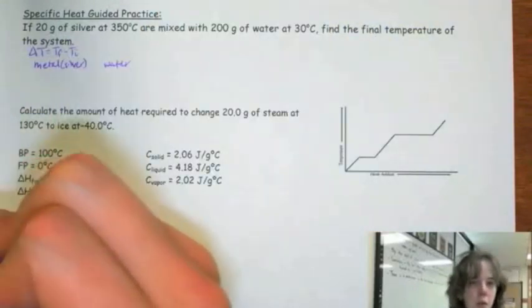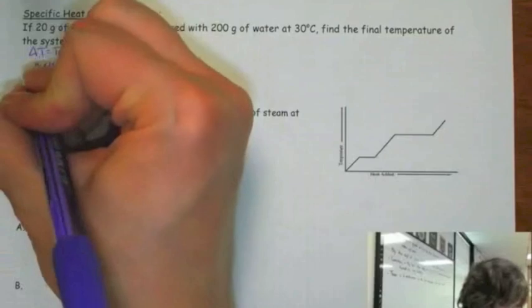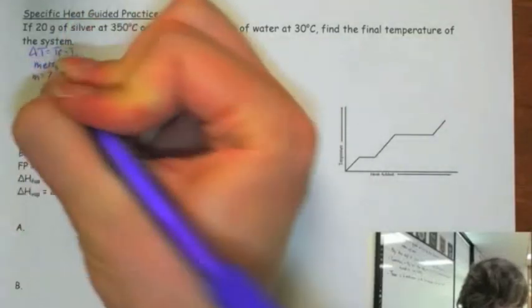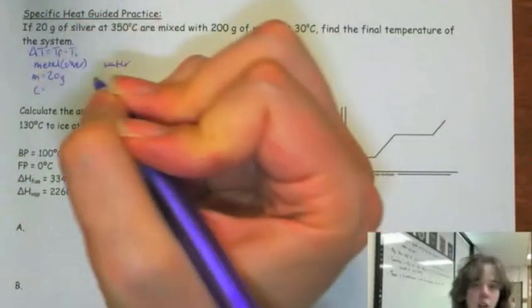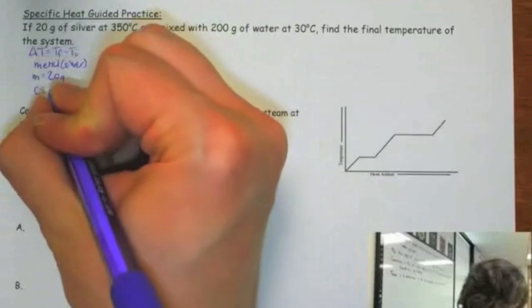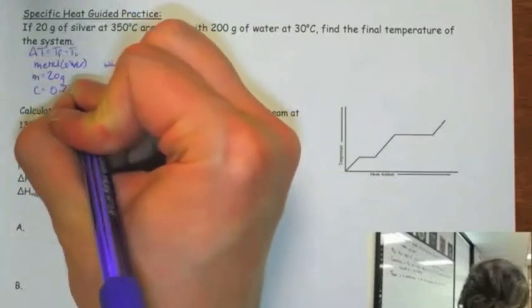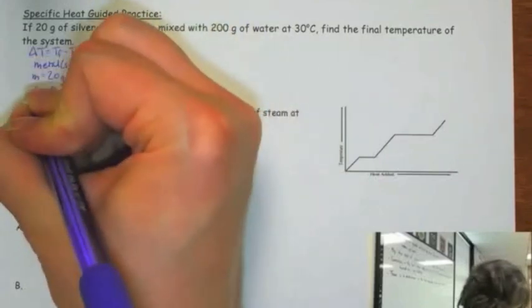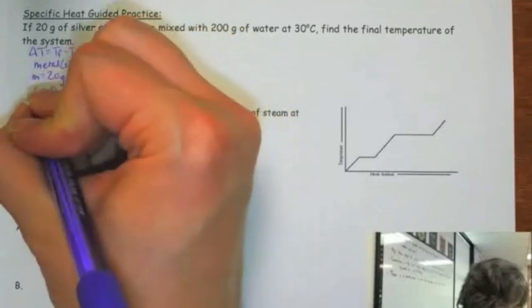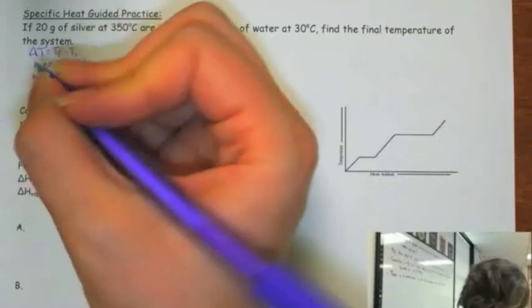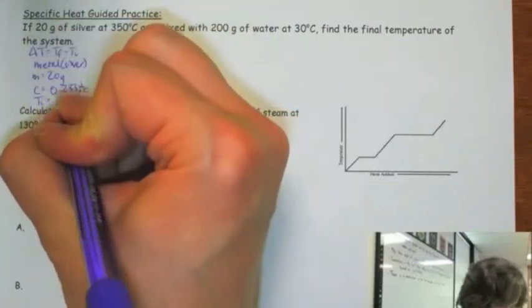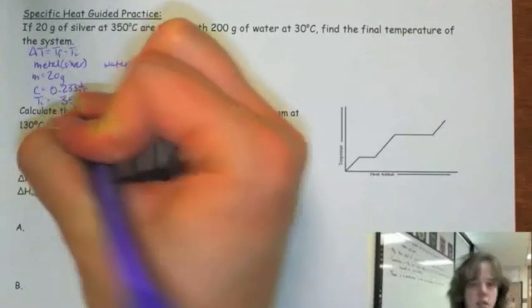So things we know about our silver: we have a mass of 20 grams. We have our specific heat, which is 0.233 joules per gram degrees Celsius. And we don't have our change in temperature. We do know our initial temperature, which in this case is 350 degrees Celsius.